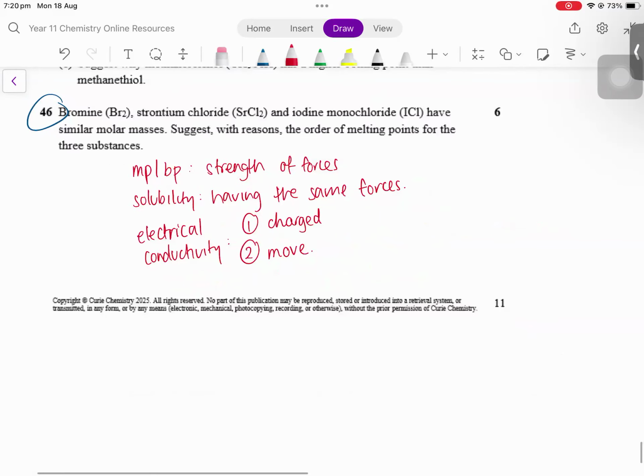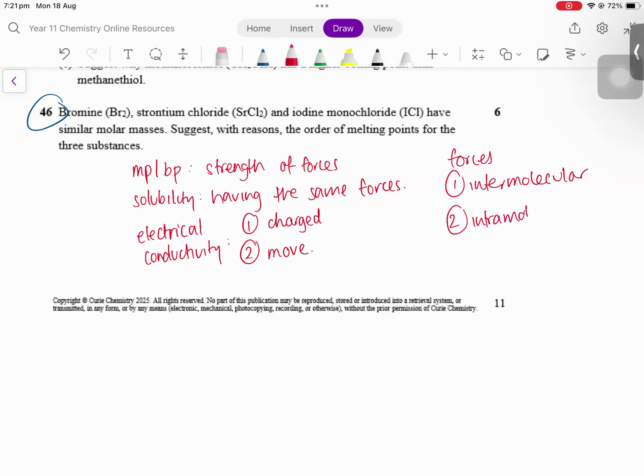All right. You have a few different kinds. They both start with I. What are the 2 different types of forces? Intermolecular and intra. Good. Intermolecular and intra.